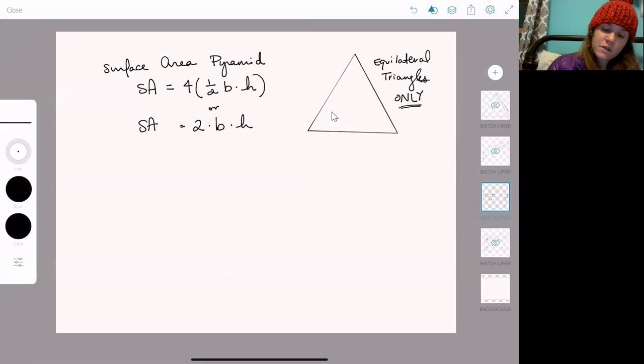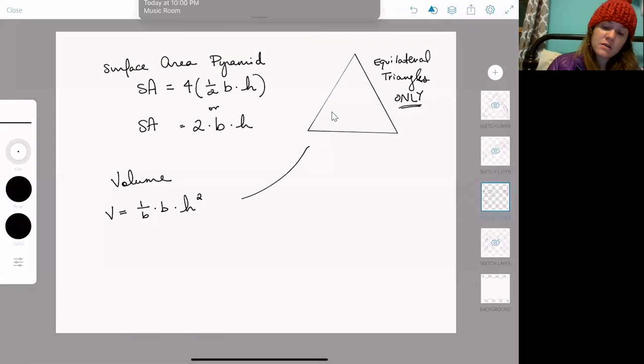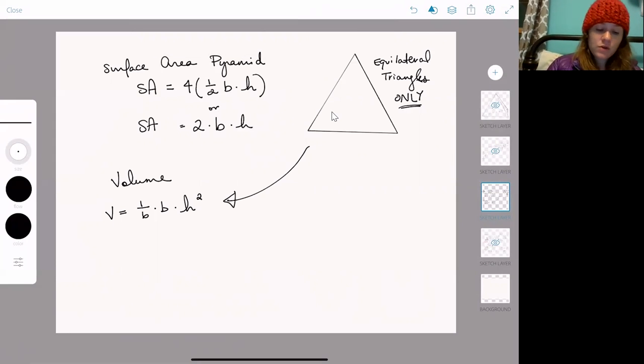So there's our surface area, and for our volume, the volume is going to be 1/6 times base times height squared. And remember that this too is only with equilateral triangles, okay?